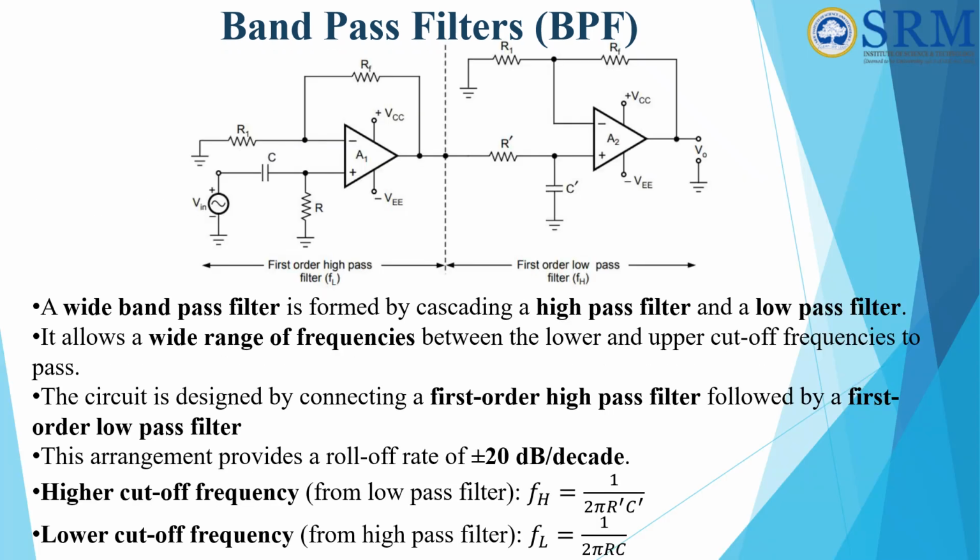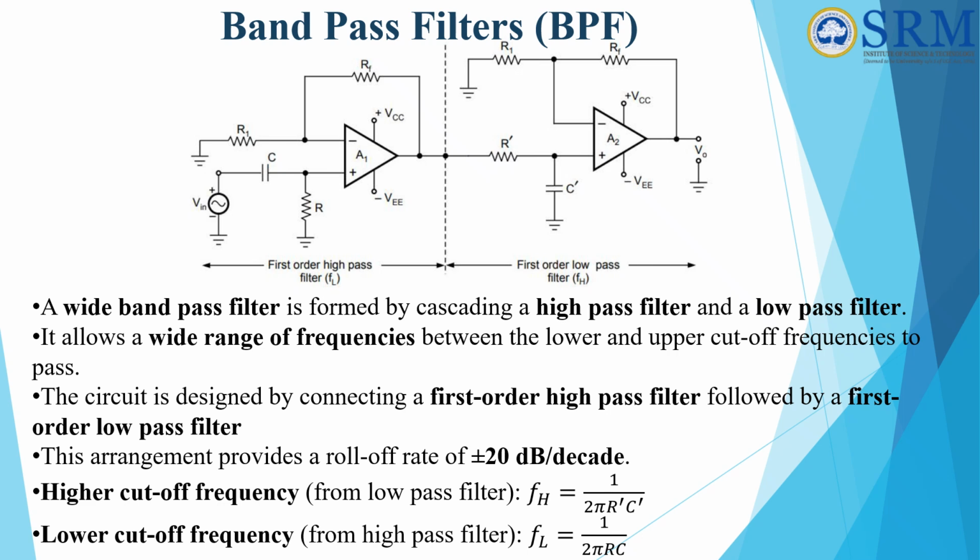Wide bandpass filters. A wide bandpass filter allows signals within a broad frequency range to pass while attenuating frequencies below and above that range. The circuit is as shown in the figure. It has a combination of high pass filter and low pass filter. This high pass filter blocks low frequency signals below FL and allows higher frequencies to pass.